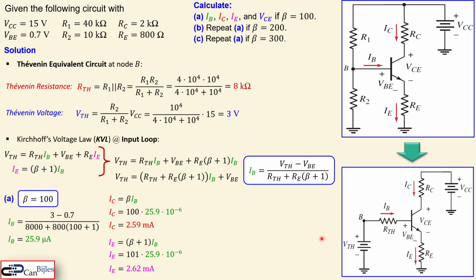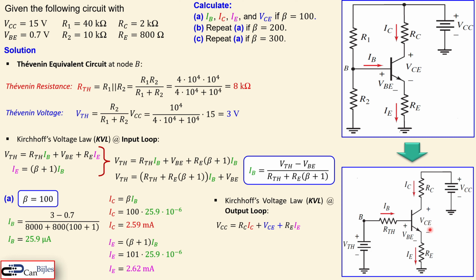In order to calculate the VCE, we look at the output node here, which is the Kirchhoff's current law for this case. So we say Kirchhoff's current law at the output loop, and we can now set up the equation there. It's just VCC is equal to this voltage plus the voltage here plus the voltage there.